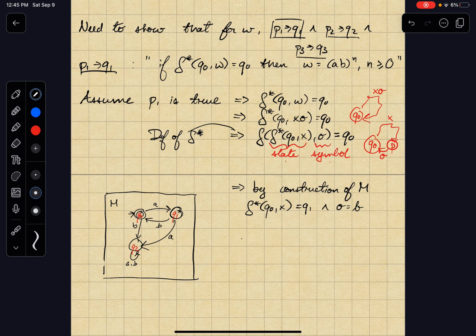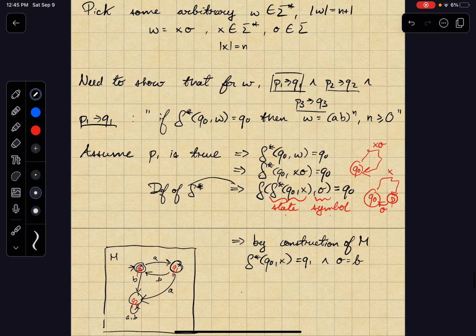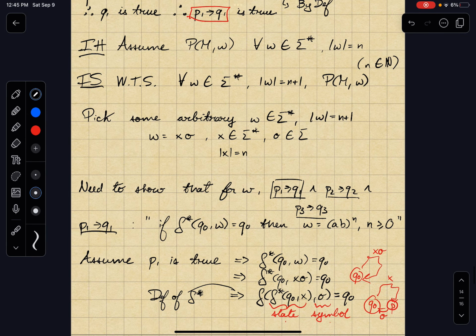Right? I can use my inductive hypothesis because my inductive hypothesis states that Pm of W is true for any string where that string has length n. So remember, Pm of W is a conjunction of implications.